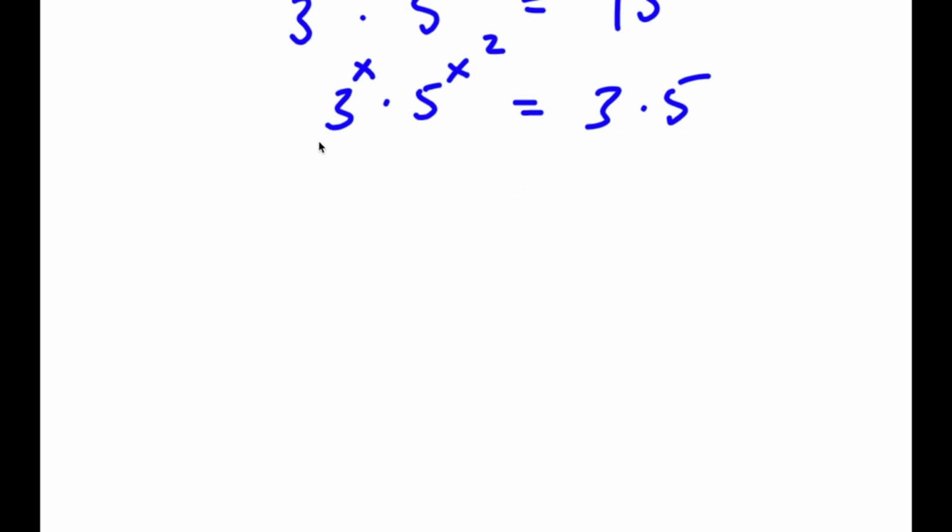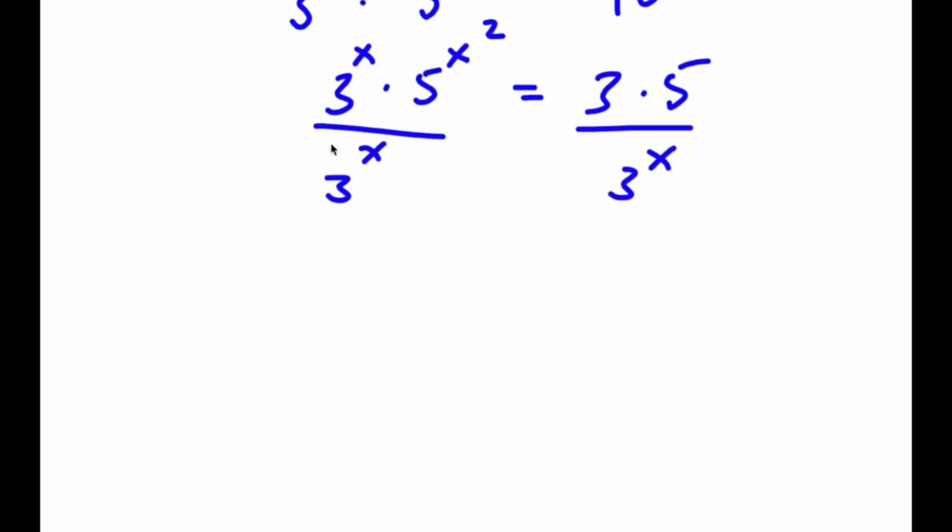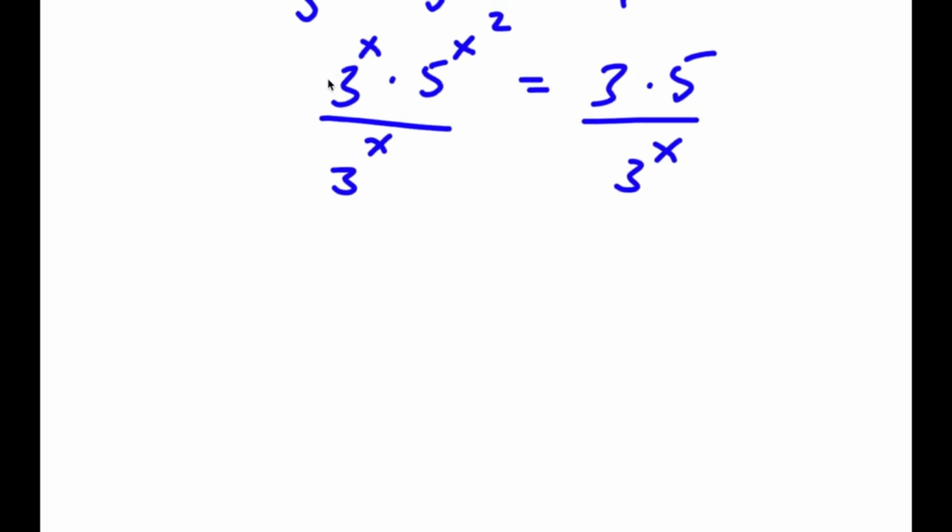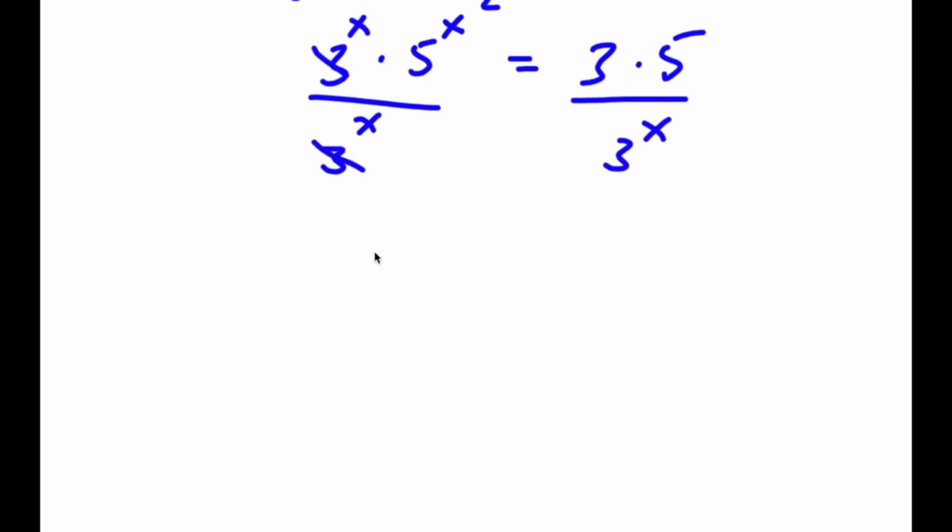Now I'm going to go ahead and divide both sides by 3 to the power of x. So then these two would cancel out, and I would have 5 to the power of x squared is equal to 3 over 3 to the power of x times 5.